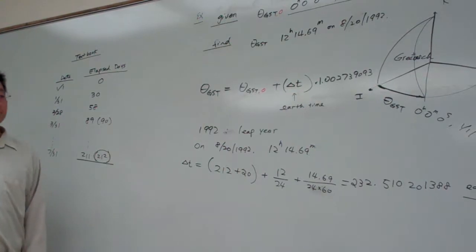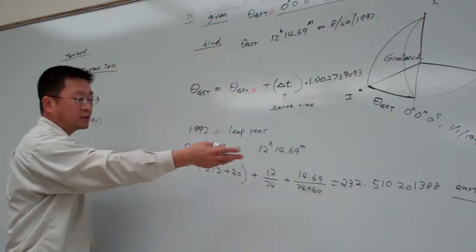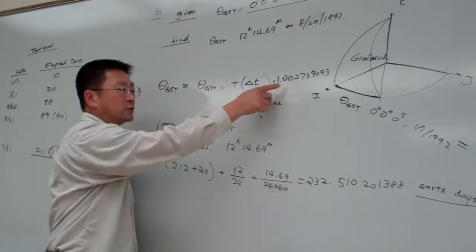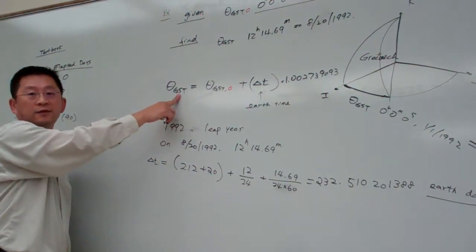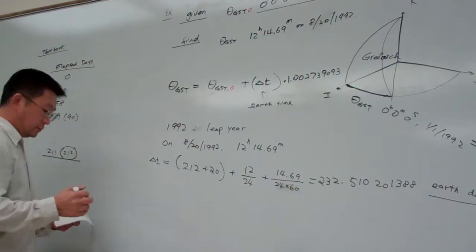Got it? Okay. So once we have delta T, I simply multiply, because that's the Earth day, Earth time, with this scaling factor to convert it into sidereal time.